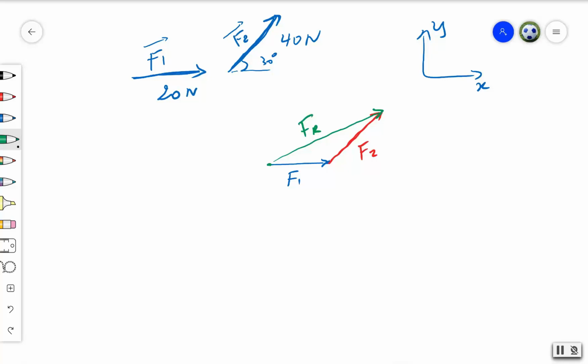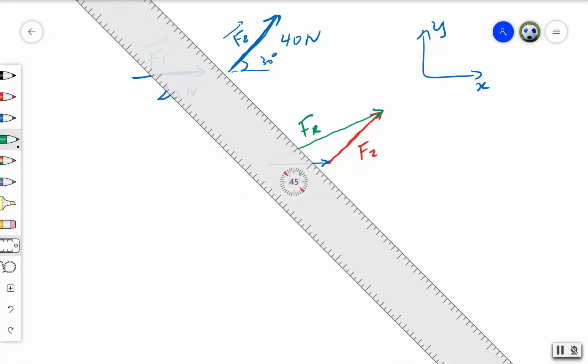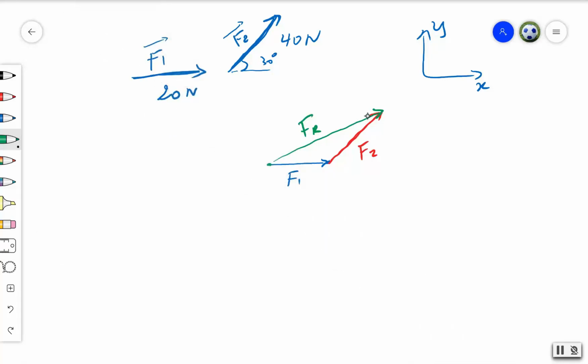And I can use a ruler to measure the length of the resultant vector, which is the magnitude, and I can also measure the theta direction of the resultant vector. This can be done on millimetric paper or any other scale that you may have, and you can measure all that you need.